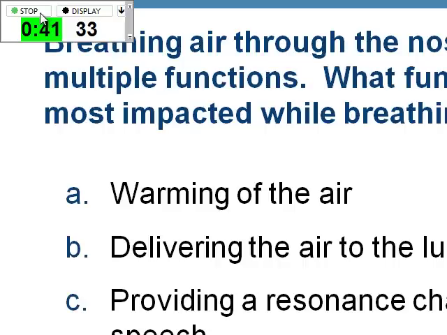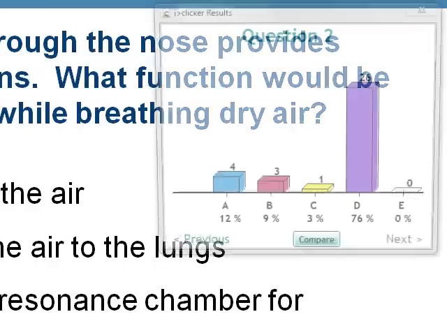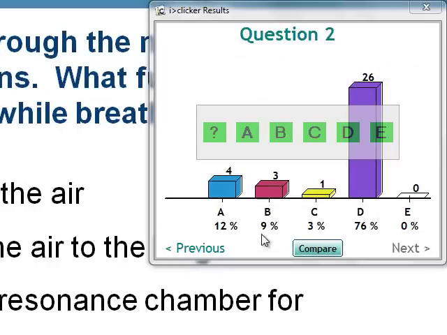All right, what's the answer? It would be D, humidifying the air, getting moisture into it.